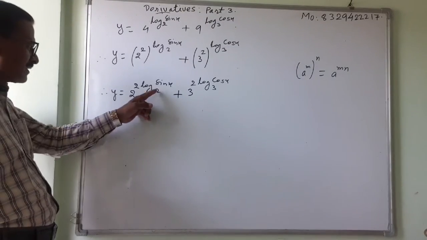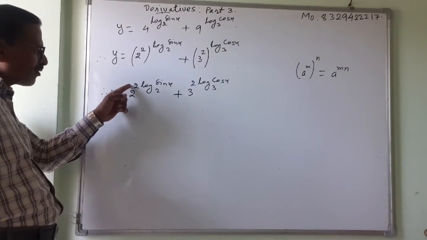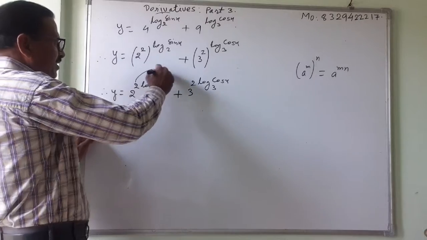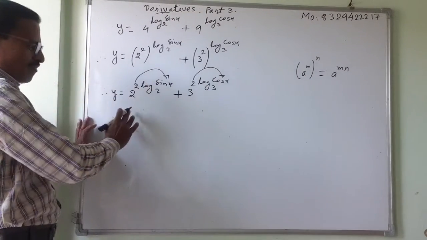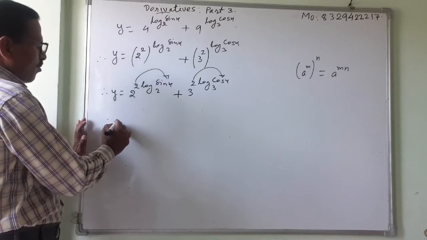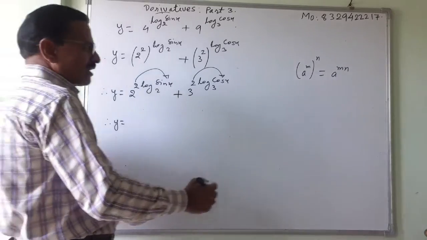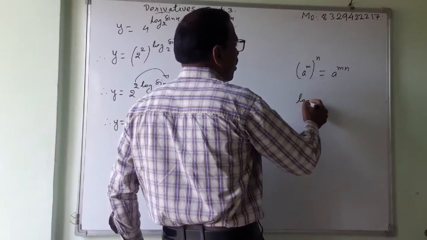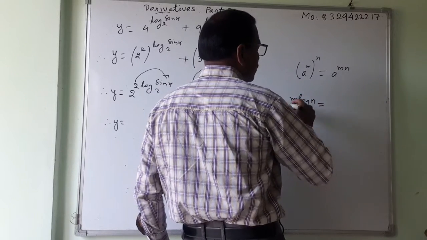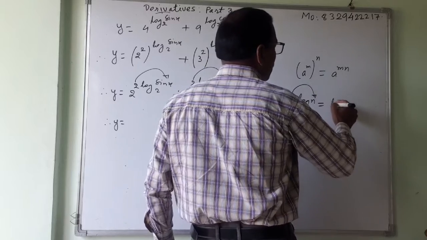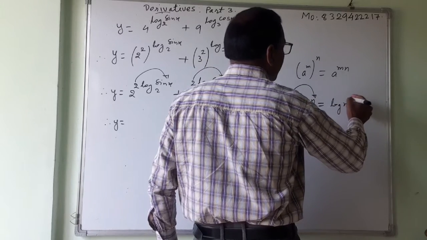Now this and this is same, but I don't want this here. I will shift it here. So it will become raised to the power. So therefore y is equal to, how I can shift, you know, m log n is equal to log of n raised to m.